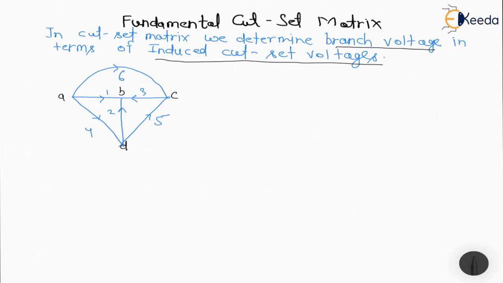Here is a complete graph, and with the help of this complete graph we will understand what is written in this definition. But before writing the fundamental cut set matrix, we need to understand a few points. First, the number of cut set voltages will be equal to the number of twigs.